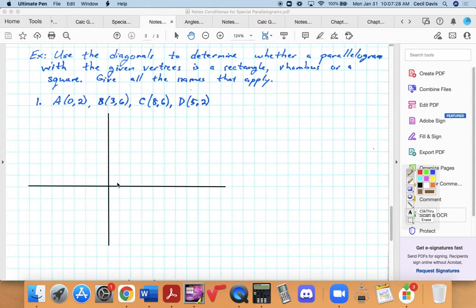So let's see. A is at 0, 2. B is at 3, 6. C is at 8, 6. And D is at 5, 2.